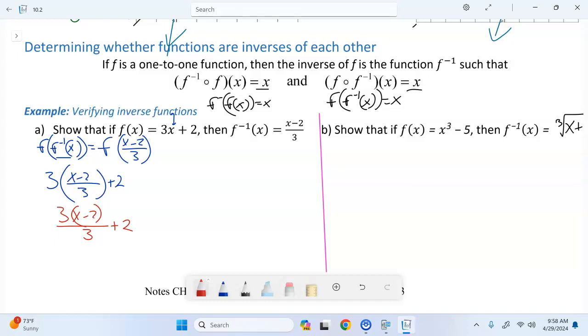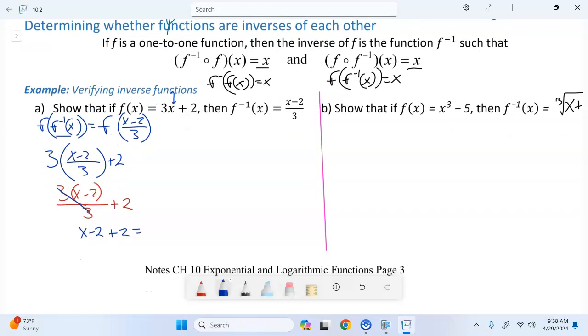Yeah, the 3's cancel out, right? 3 divided by 3 is 1. So we're left with x minus 2 plus 2. And then what's minus 2 plus 2? 0, so it's just x. Negative 2 plus 2 is 0. Those cancel. We're left with just x.